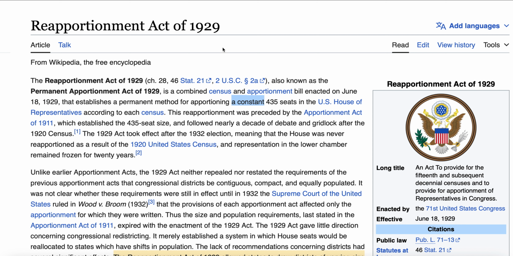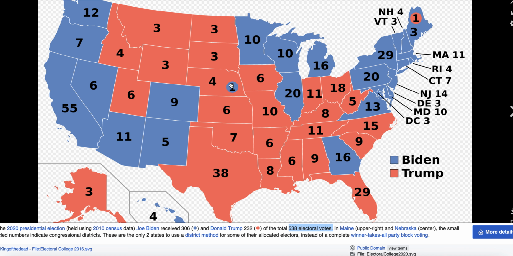In 1929, we only had about 122 million people versus 330 million today, so this number should have been rising with that population growth. But because of this, also known as the Permanent Apportionment Act, setting it at a constant 435 seats, that's why we only have 538 electoral votes.